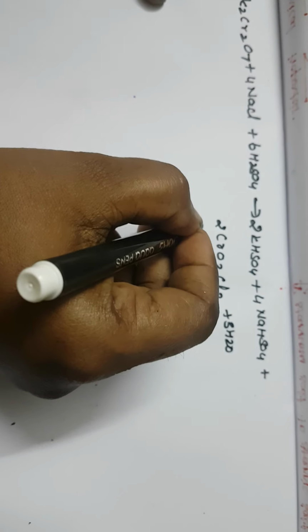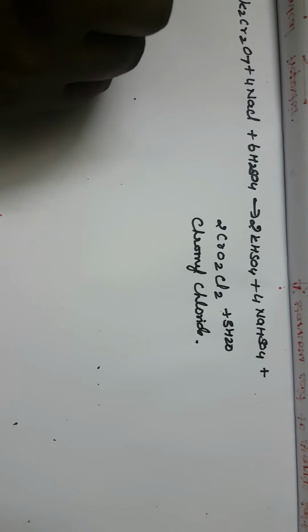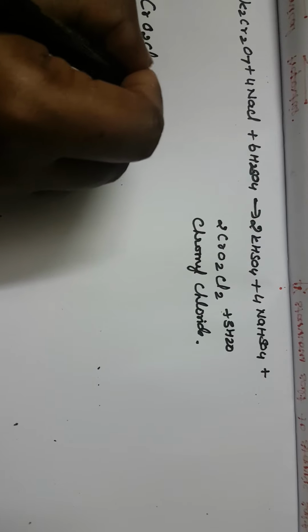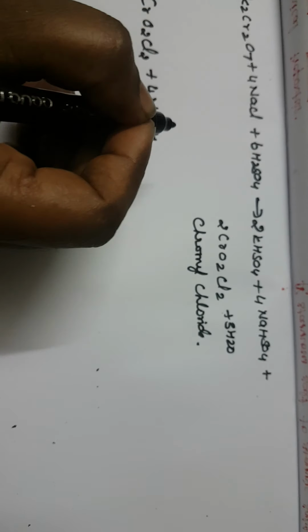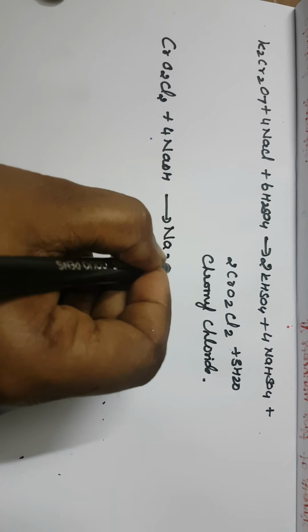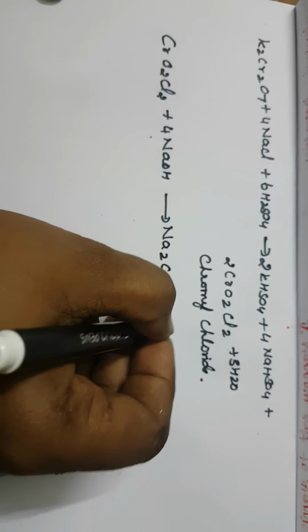This chromyl chloride is the red orange vapors evolved. Again the red orange vapors are passed through an alkaline solution, that is sodium hydroxide. Chromyl chloride with sodium hydroxide is converted into sodium chromate, Na2CrO4, then 2 molecules of sodium chloride, then H2O.